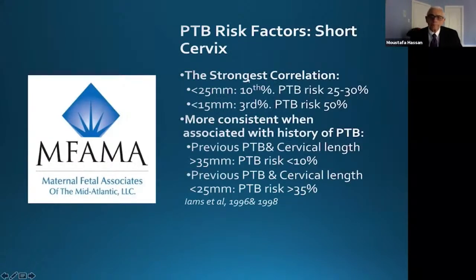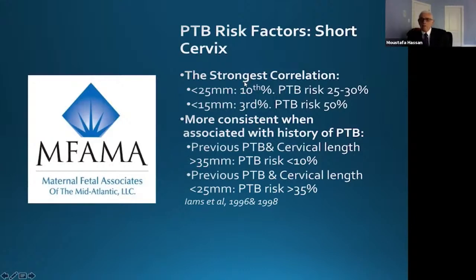Short cervix. The strongest correlation here, because now we have objective data. When we talk about historical data like history of preterm birth, this could be subjective to memory, subjective to where pregnancy took place, or other cofactors.